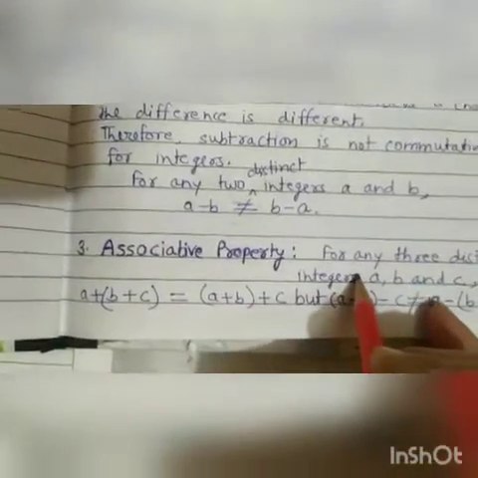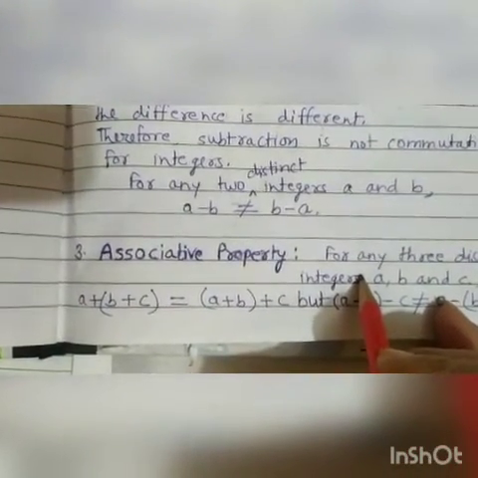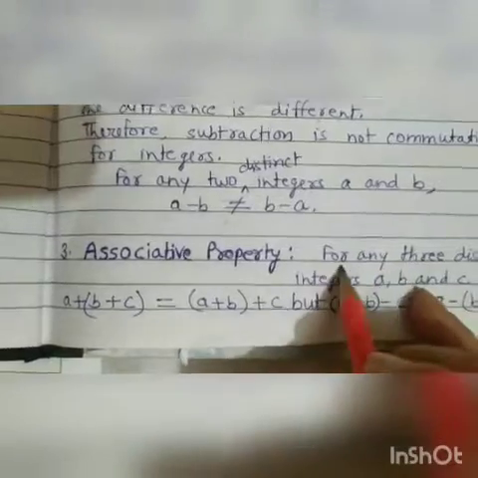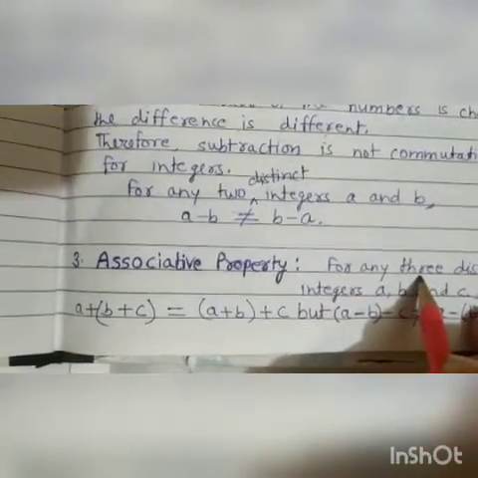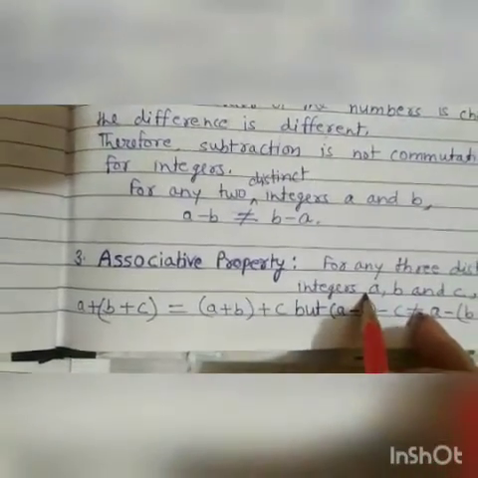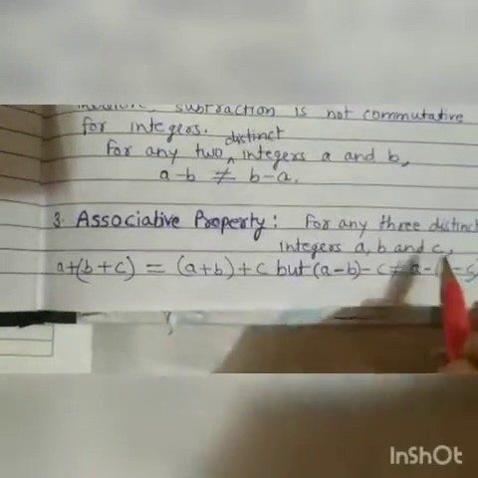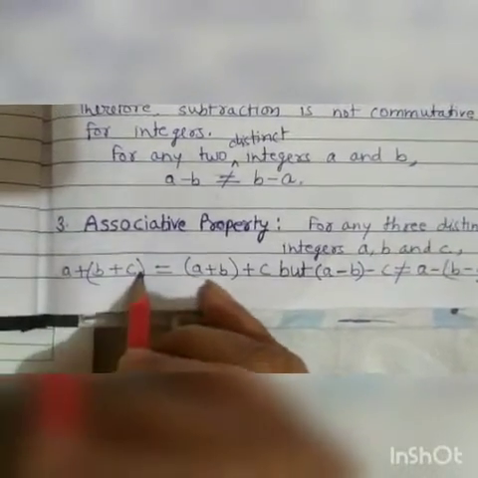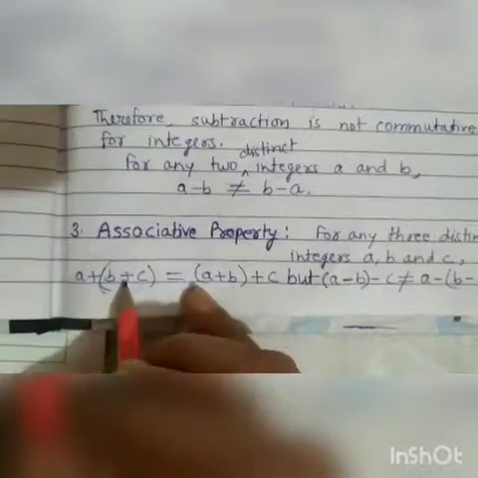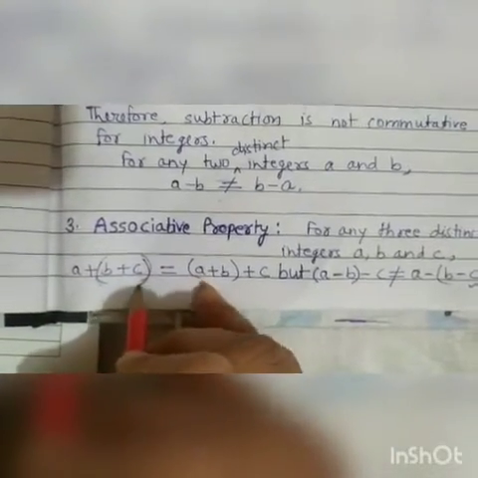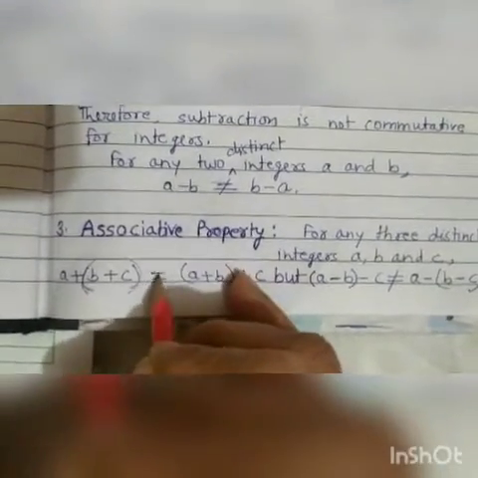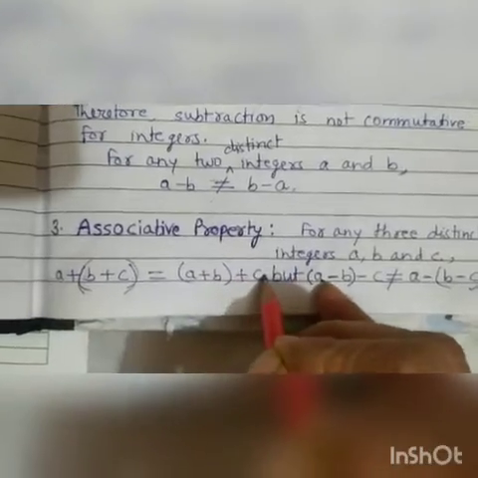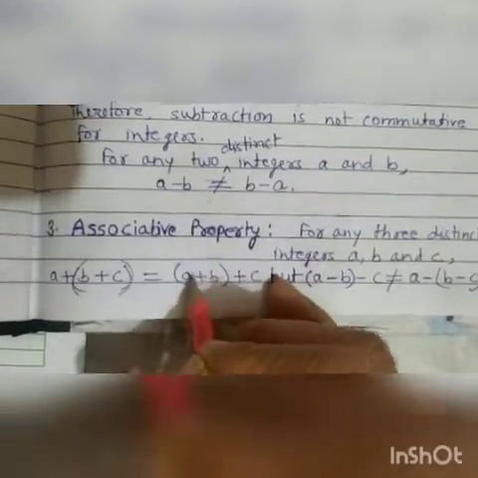In the associative property, for any three integers a, b and c, a plus (b plus c) is equal to (a plus b) plus c. Here b plus c is within the bracket; here a plus b is within the bracket.